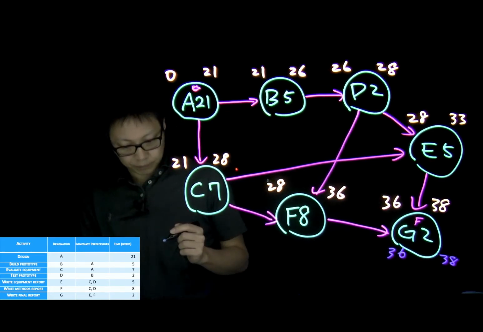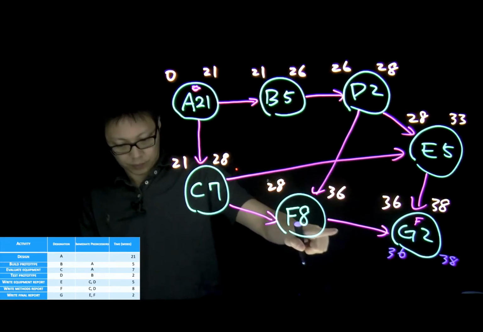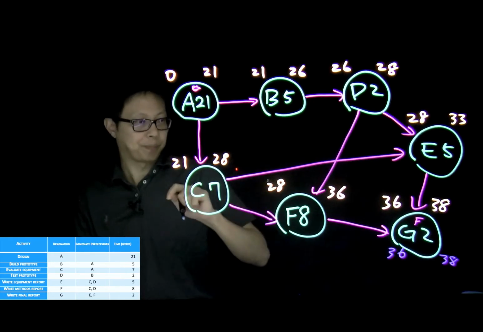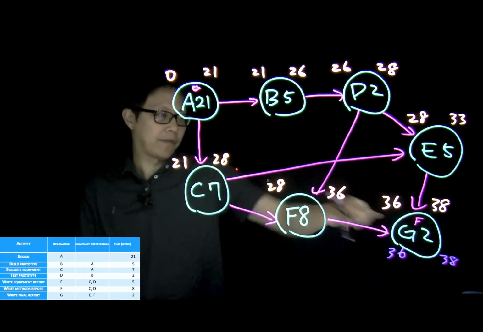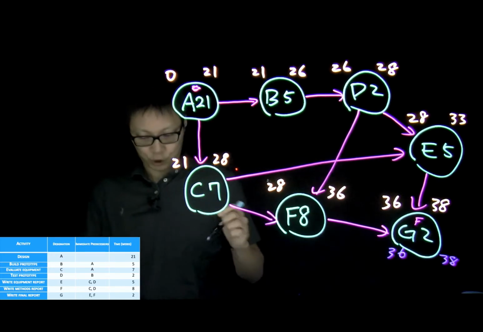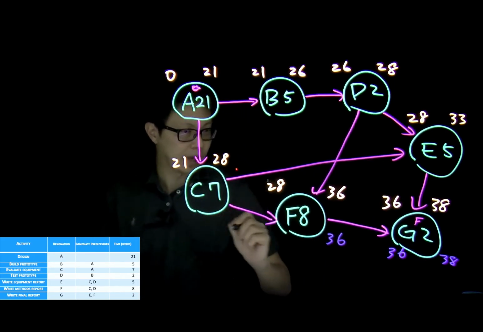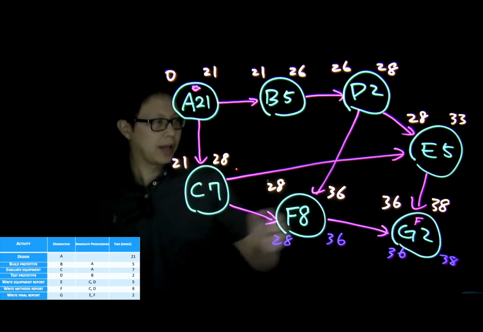Then we can backtrack to F. We know F needs to be finished before we start to work on G, which means F needs to be done at time 36. Duration will be 8, which means that can be started at time 28.